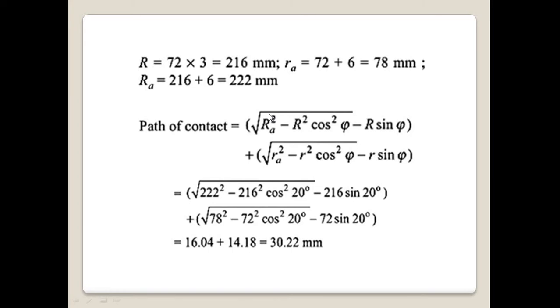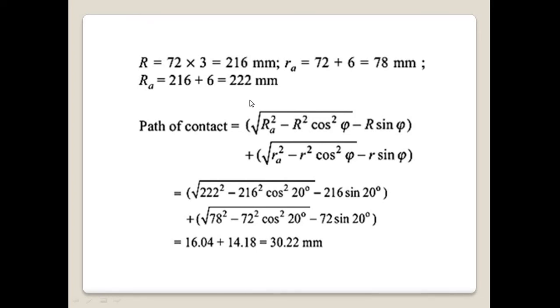Now next we are going to find the path of contact. First we found the values of small r, capital R, small RA and capital RA. These values are very important because they are required in the path of contact.